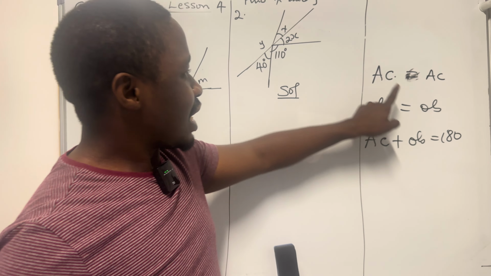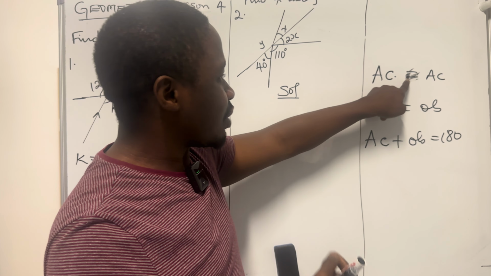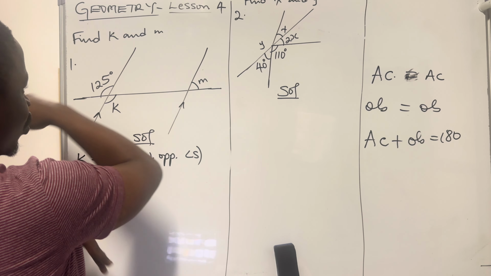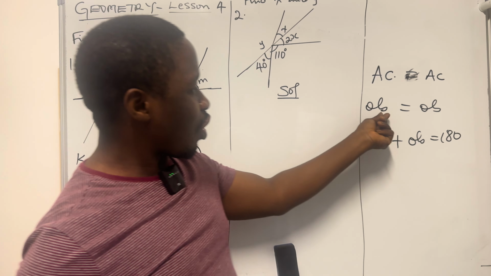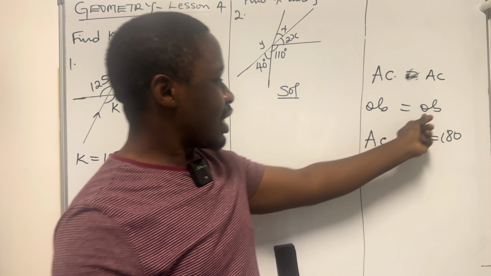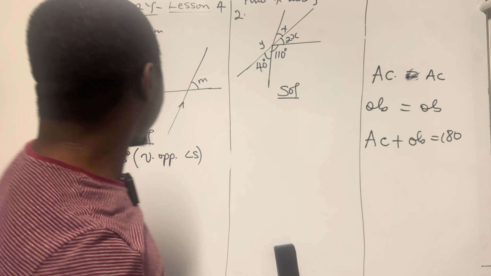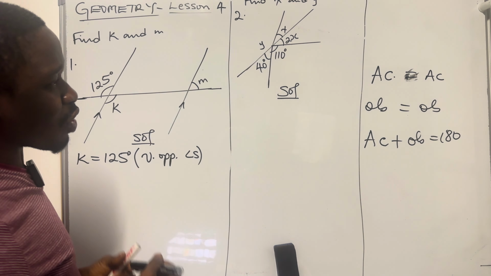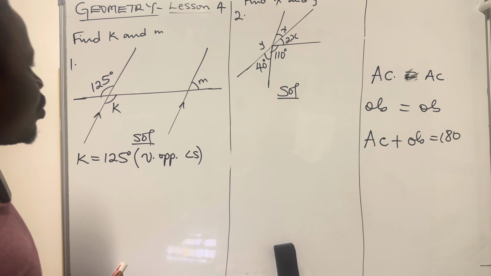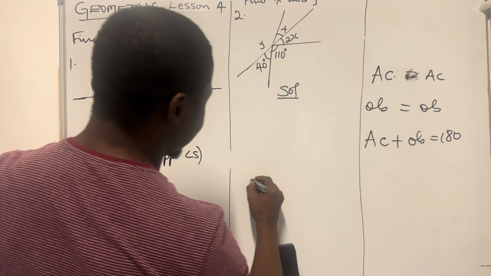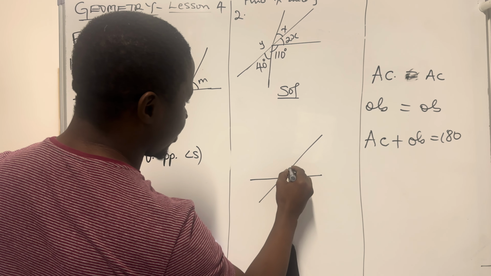Just know this one. Any acute angle is equal to another acute angle in a set of parallel lines crossed by a transversal line. Every obtuse is equal to another obtuse. The sum of acute and any obtuse is 180. So if you are good at observing the types of angles, you realize that this one is acute because look at how it appears.